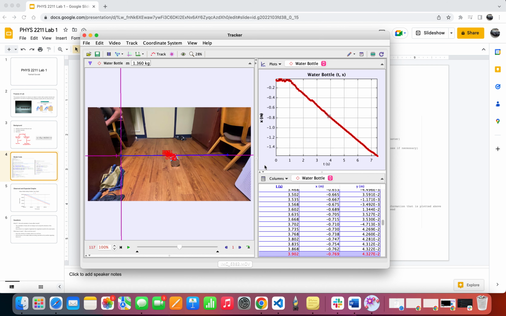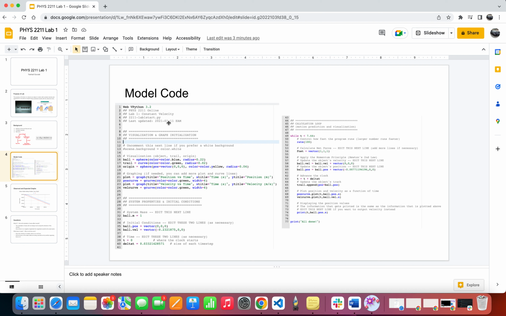That was just half the video, but you can see that as the water bottle is going down, the graph progresses with a negative velocity, and this table as well shows the points. Then back to the model code.